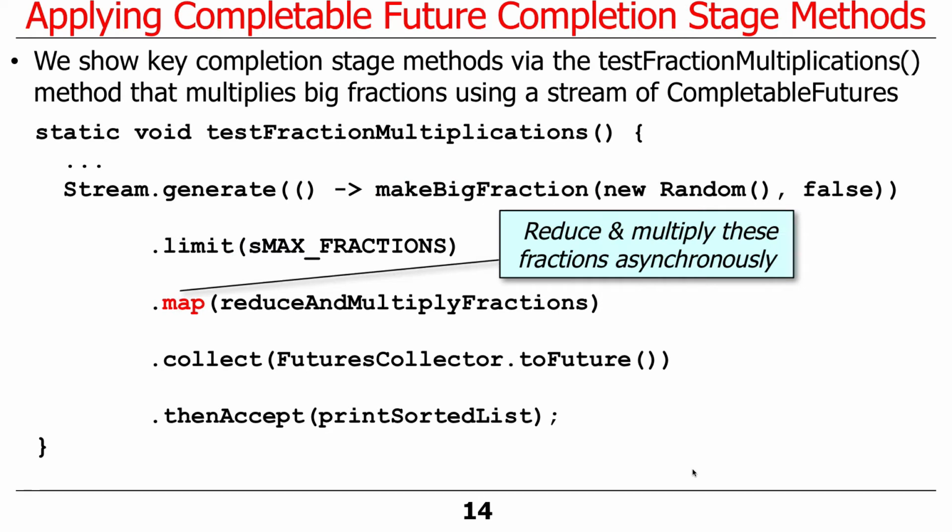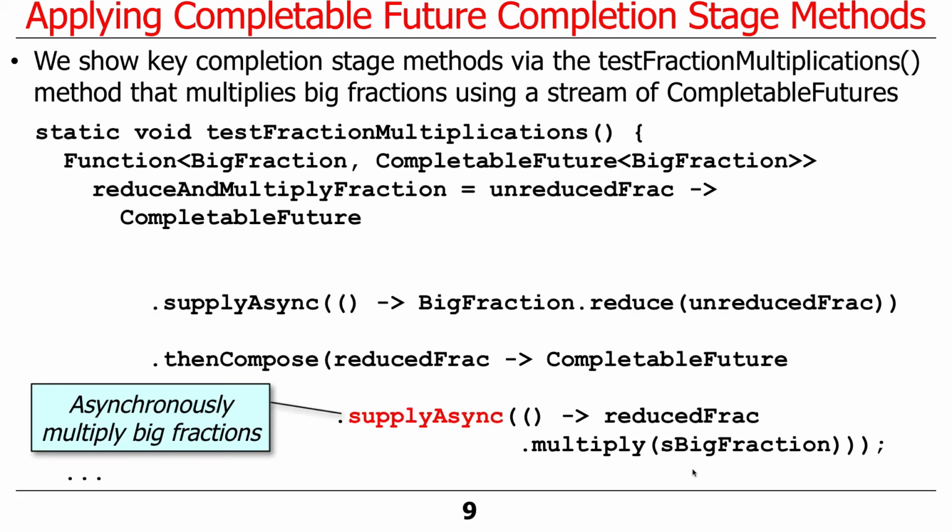We then go ahead and call map. Now think about what's happening here. We've got n big fractions, and we call map. And what that will do is call reduce and multiply fractions on every element.